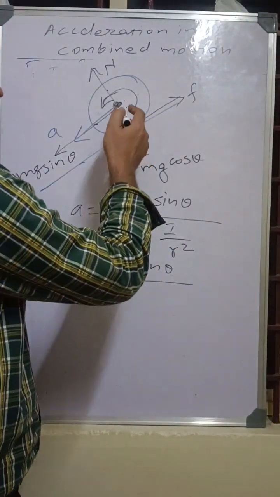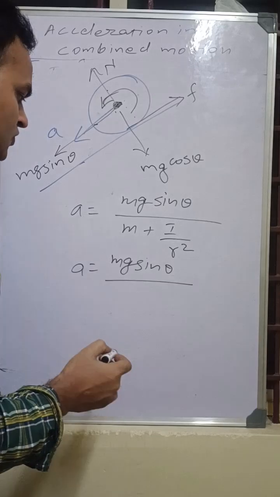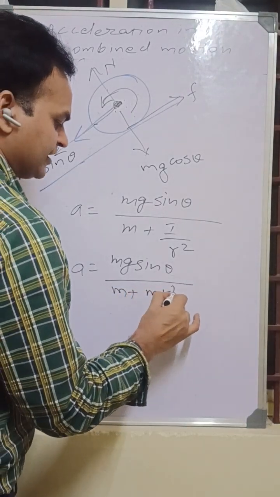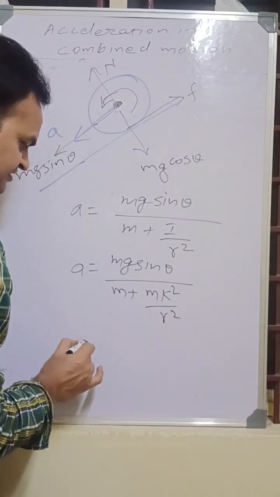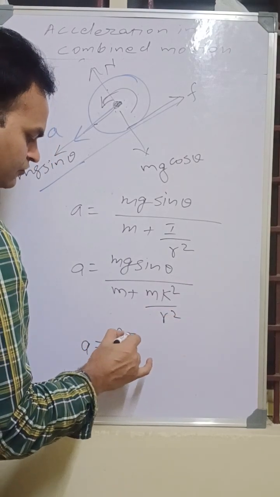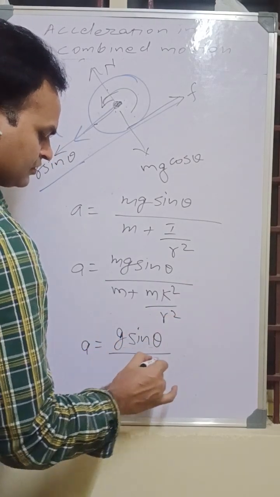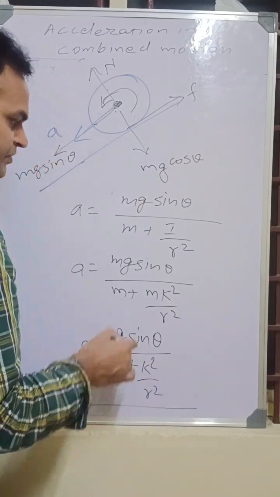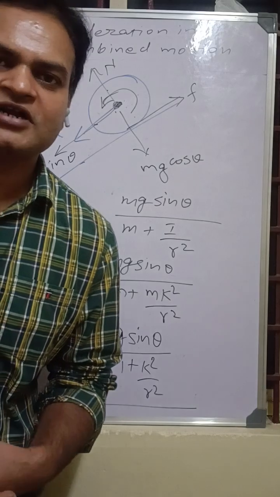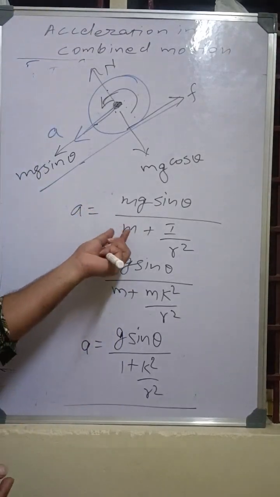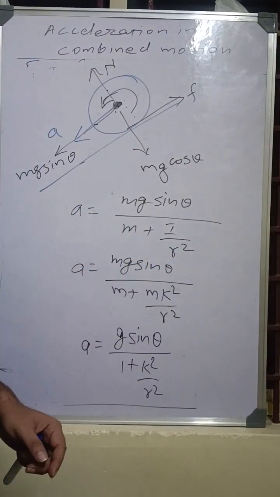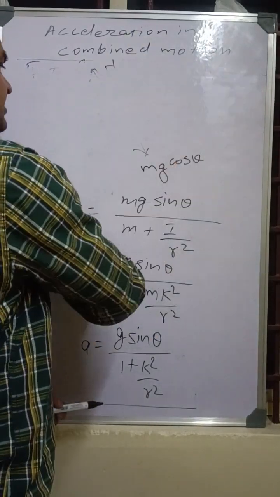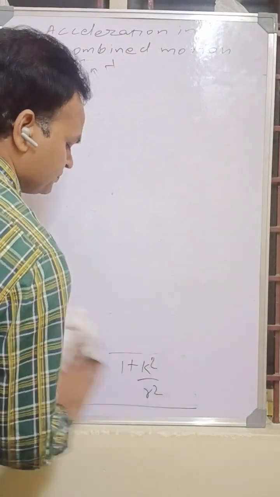But we can apply this trick in this situation also. So m plus mk squared by r squared, and the same value will come: 1 plus k squared by r squared. So if we remember this trick: net unbalanced force divided by total inertia, translational plus rotational, the same trick can be used to find acceleration in this situation also.